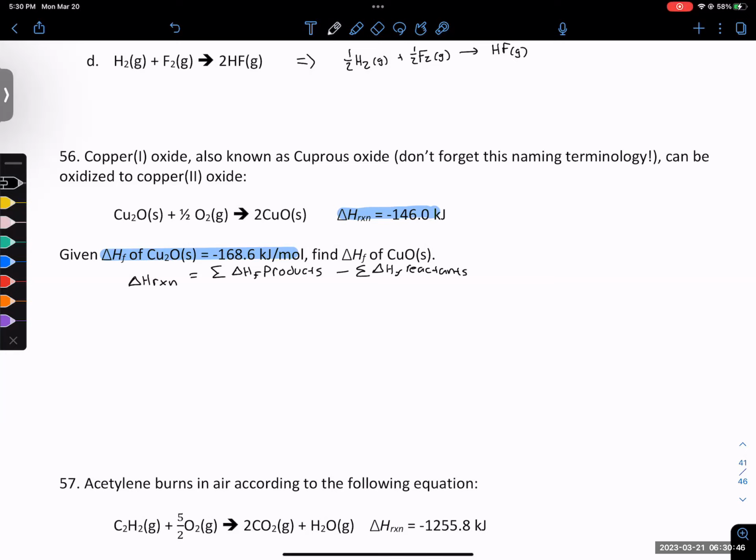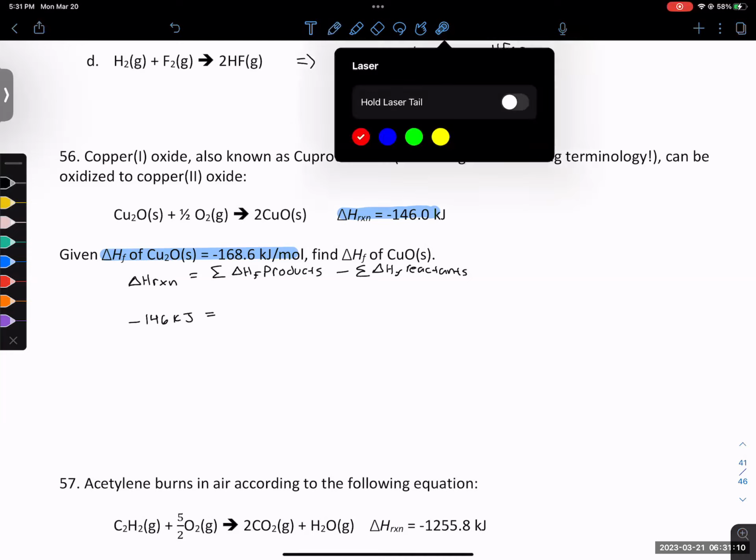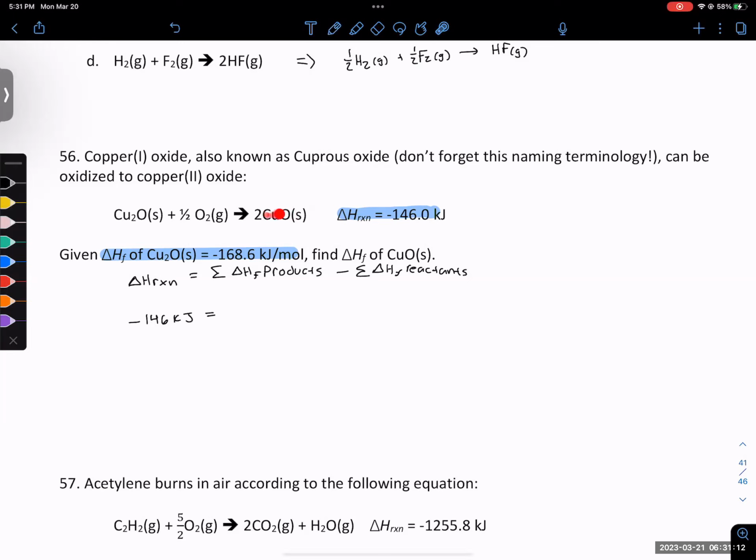All right, so let's start off with the far left side. We're already given the delta H of reaction, so we can plug that in here. So negative 146 kilojoules. And the sum of the heats of formation of the products is just all the heats of formation on the right side of the equation.